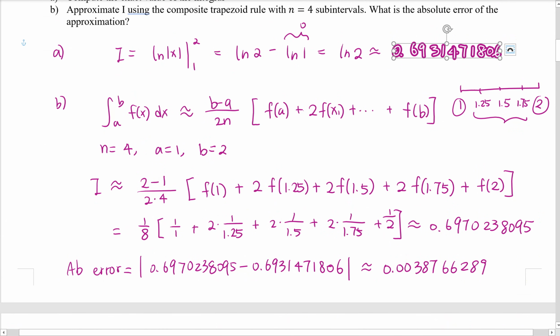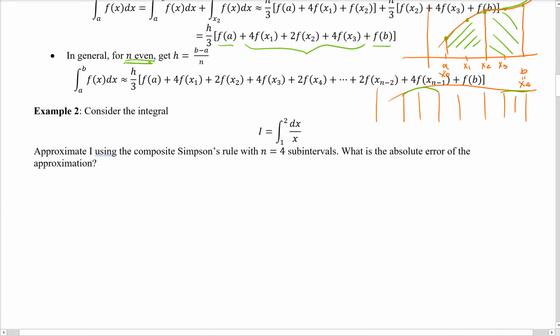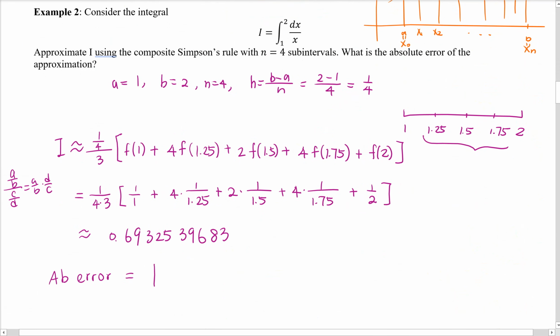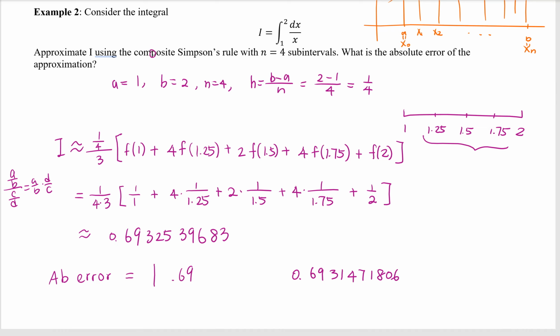So let me copy it and paste it right here. I love to use the bigger number minus the smaller number. All right. So the bigger number is our approximation, that is 0.69.